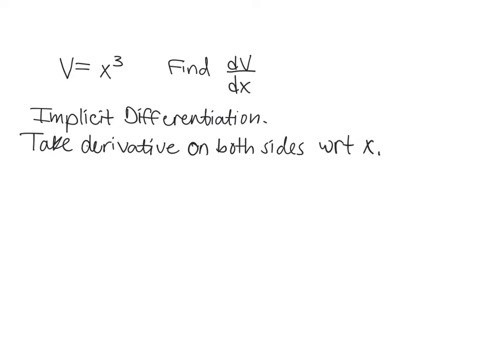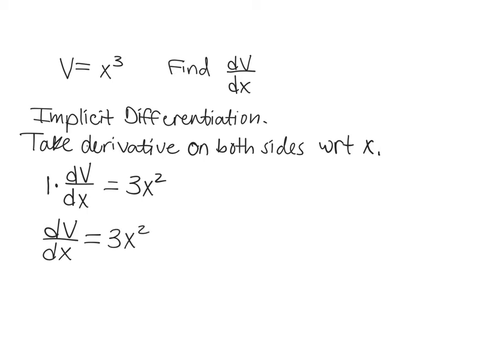So the derivative of v is just 1, but then it's the variable that's not x, so we have to tack on our dv dx. And that equals the derivative of x cubed, which is 3x squared. And there we go, we got dv over dx, our derivative of the volume with respect to x, equals 3x squared. And there we go. That is the rate of change of the volume with respect to x.